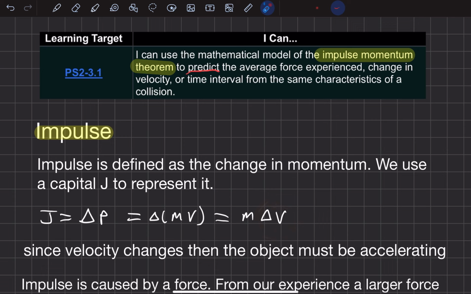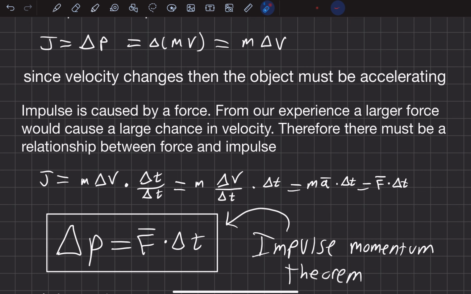So it's basically how much the velocity of an object changes, and it's because a force is being applied on it. Since impulse is a change in velocity times mass, velocity must be changing, and if the velocity ever changes, the object must be accelerating.